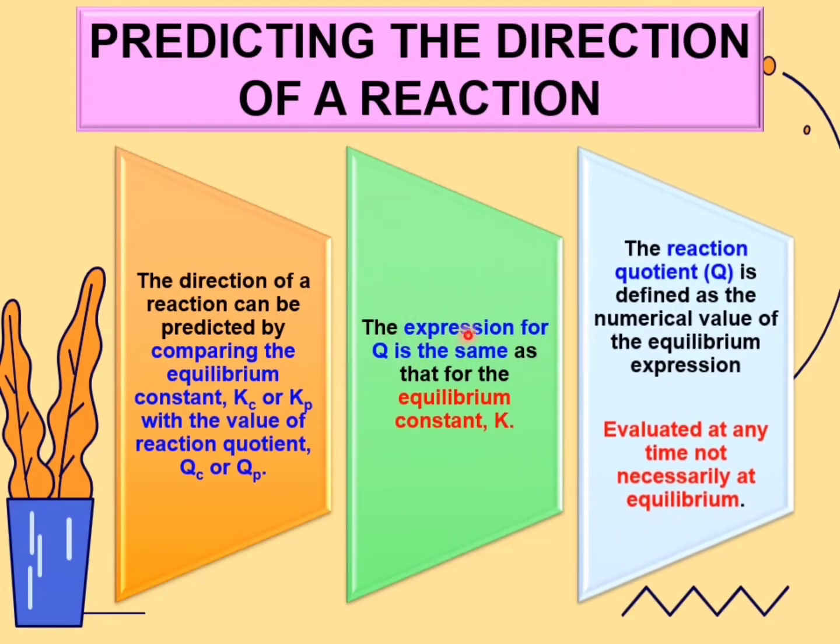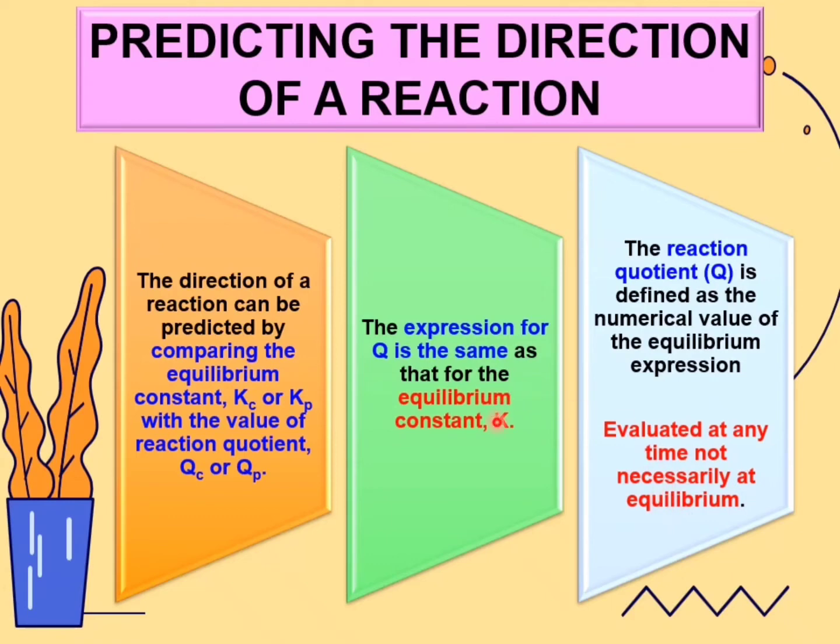So, the expression for Q is the same as that for the equilibrium constant K. So, cara penulisan formula Q, Qc or Qp sama macam Kc and Kp. The reaction quotient is defined as the numerical value of the equilibrium expression, so, evaluated at any time, not necessarily at equilibrium.